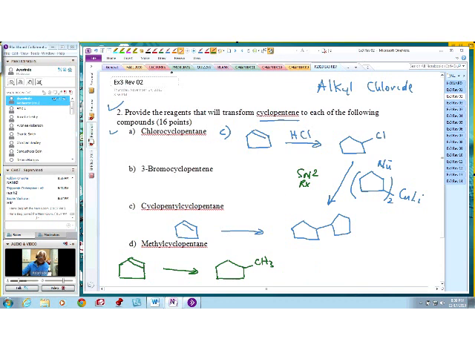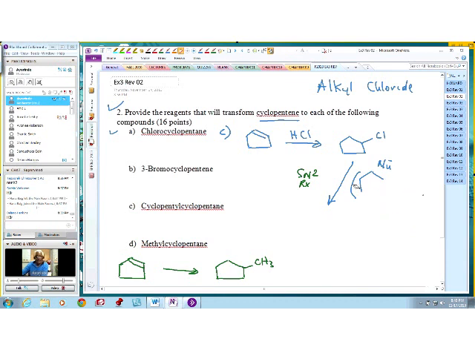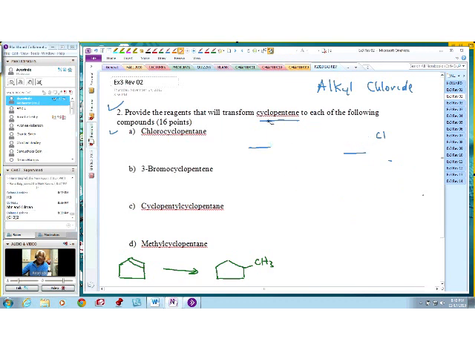What do you think we need to do here? Exactly, you add hydrogen bromide. Great, we could do that, and then followed by what? Exactly, then you use the Gilman reagent. Excellent.